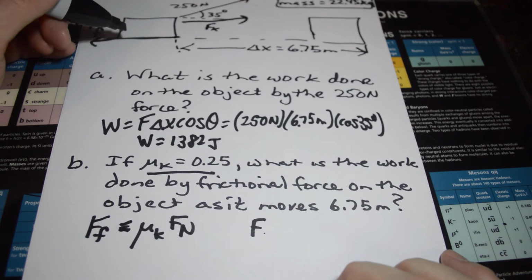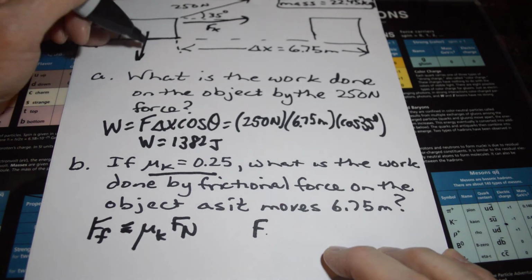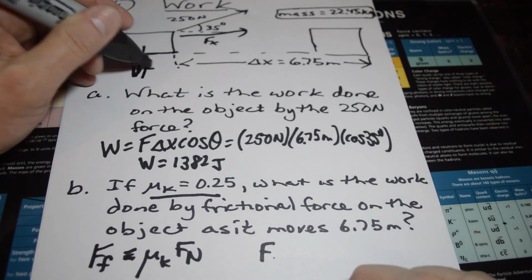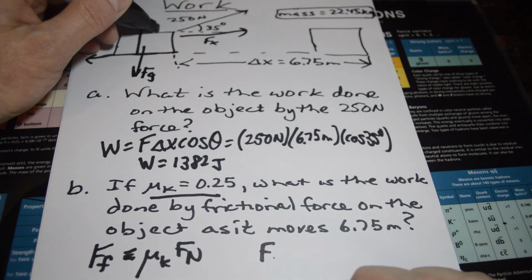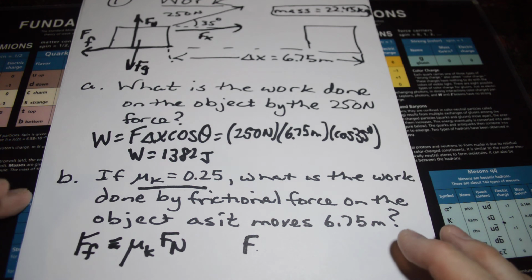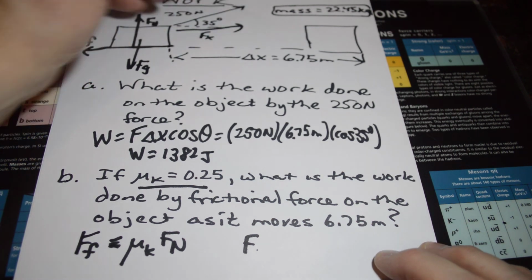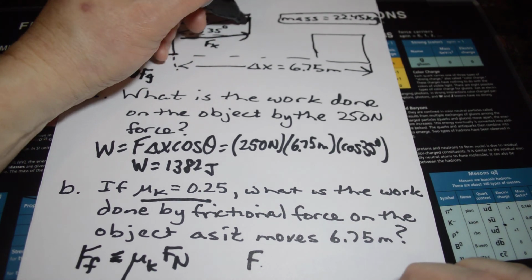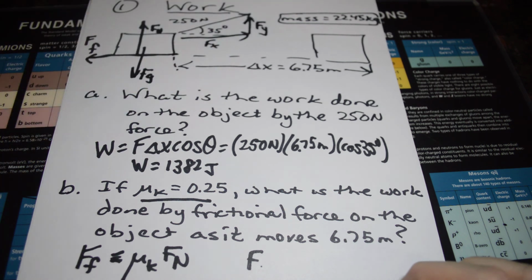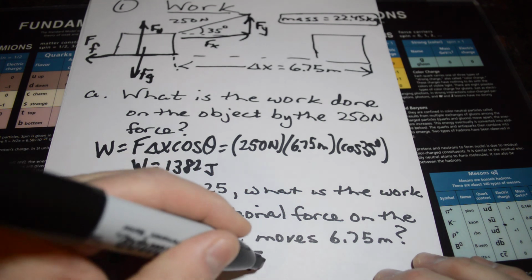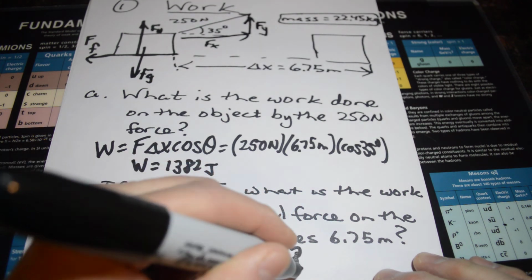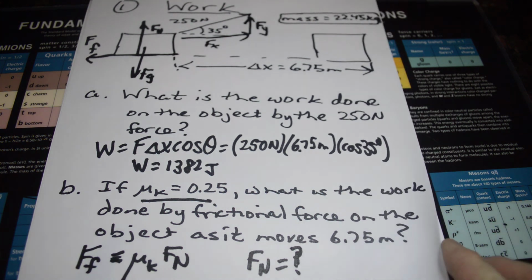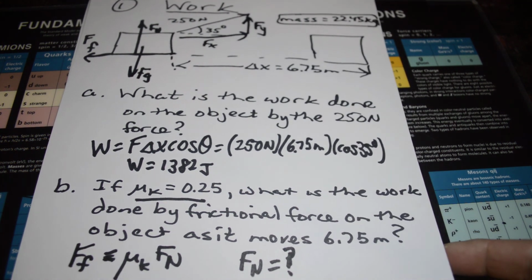If you look at the free body diagram, the weight force is down and the normal force is up. Now the normal force is not necessarily equal to the weight, because part of this force is pulling up at an angle. So you would have to find out some things about that. So maybe we'll put a question mark there. What is the normal force that acts on that?